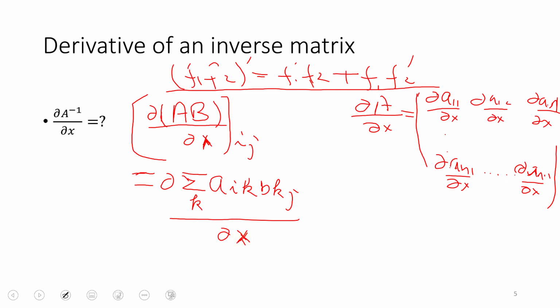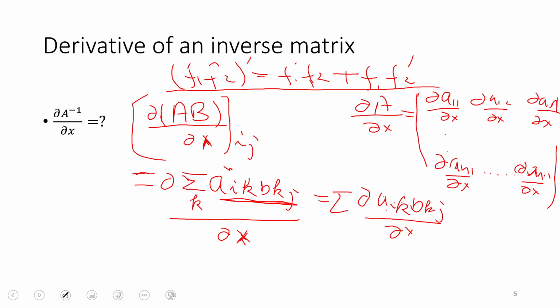Since this is a summation with k going from 1 to n, and each term is two functions multiplied together, A ik times B kj, the partial derivative can go inside and we still do the same. So it's the summation of partial of A ik times B kj with respect to partial x.